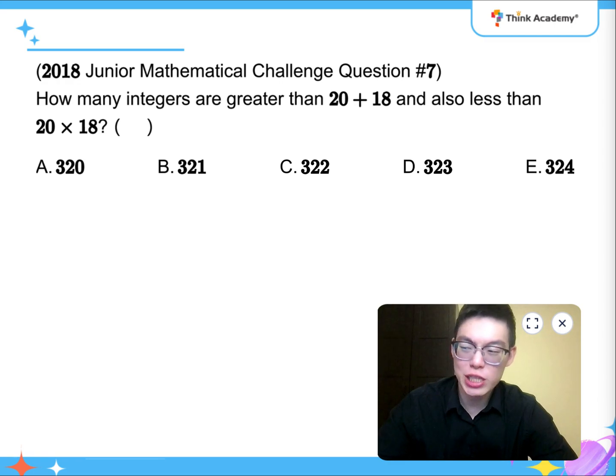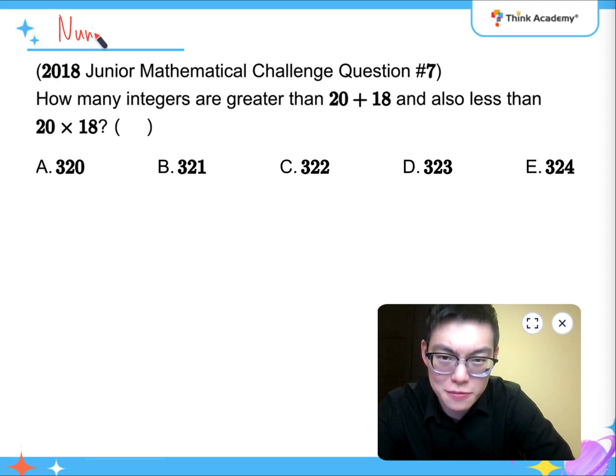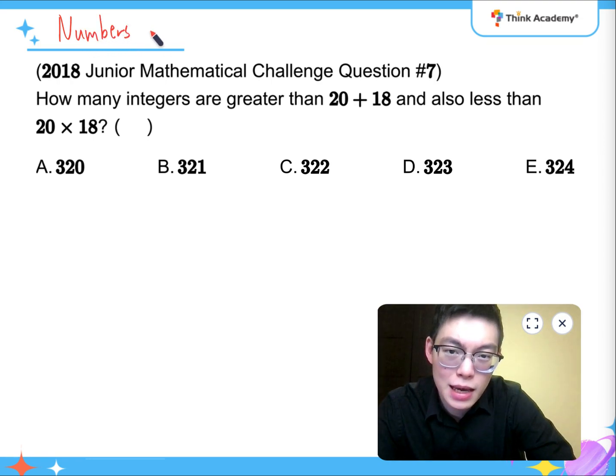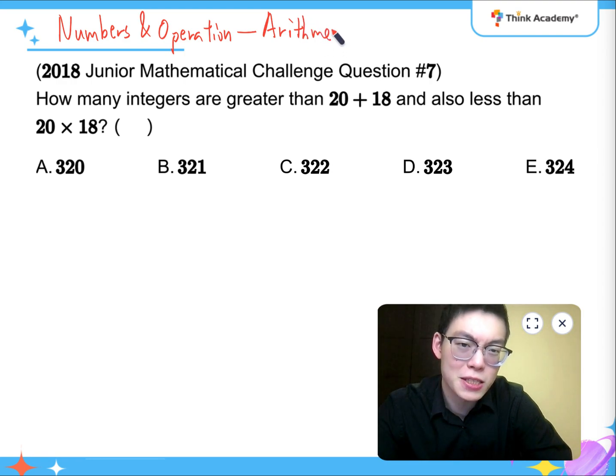And for question number 7, it's about numbers and operations. And I would say that it is actually about arithmetic progressions, believe it or not.